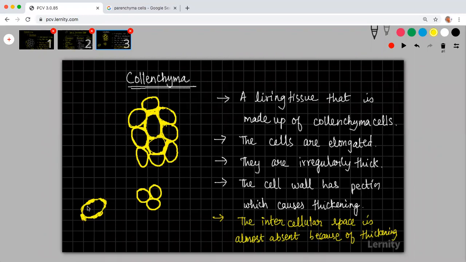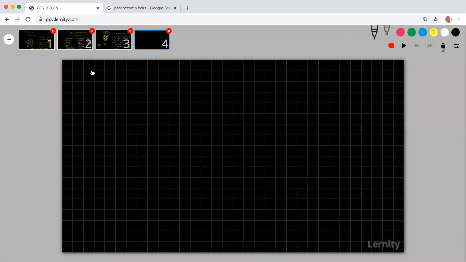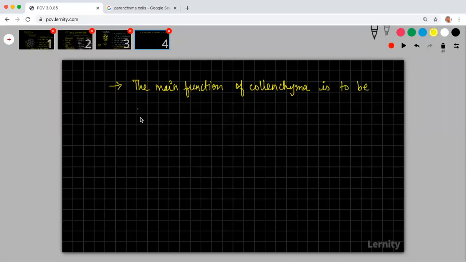Are we able to understand? Okay. So the main function of collenchyma is to make plants flexible.